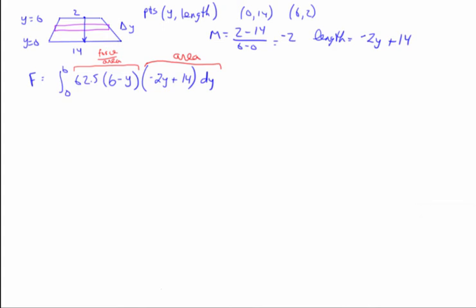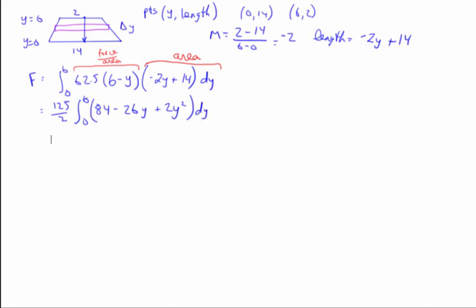And now we just need to go through the steps and integrate this. Let's go ahead and pull out, I'm not going to use a calculator again, so I have 125 over 2. The integral from 0 to 6 of, multiply it all out, 14 times 6 is 84, minus 26y plus 2y squared, and then dy.